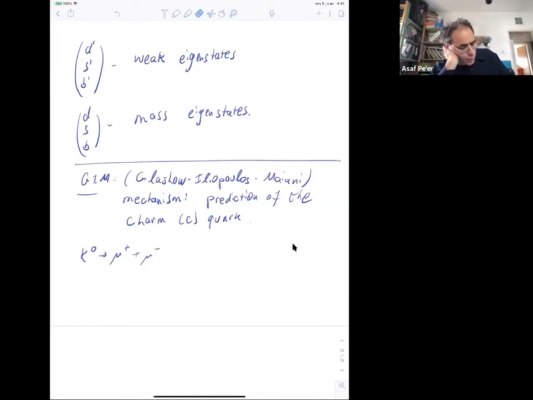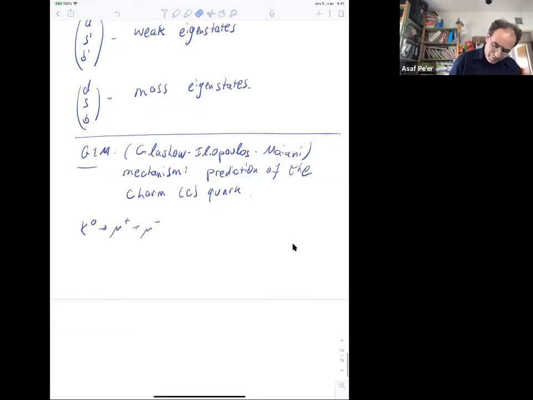So there is only one leading order diagram with the amplitude, looking something like that. The kaon 0 is made of a D and an anti-S.